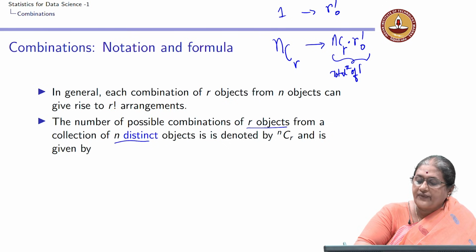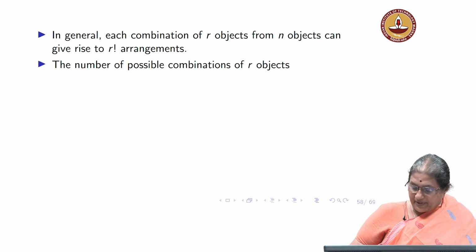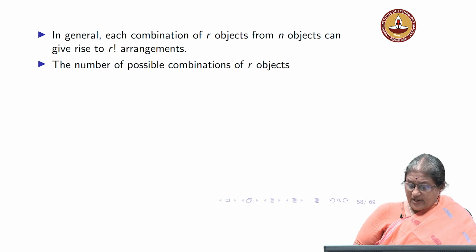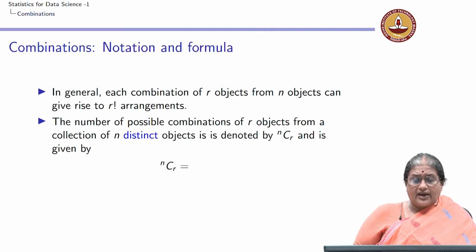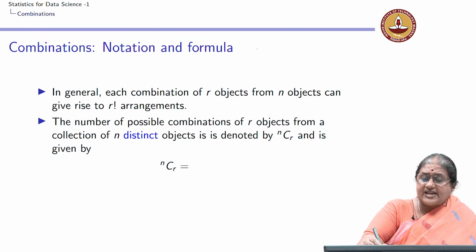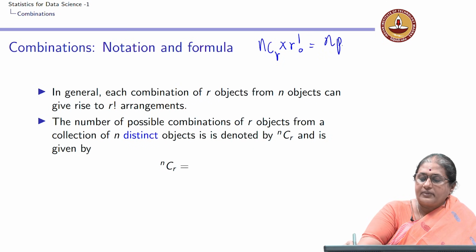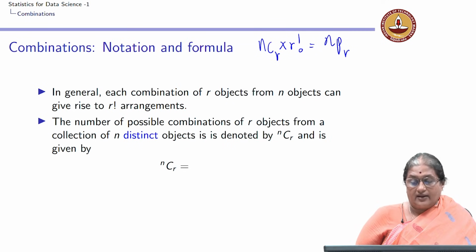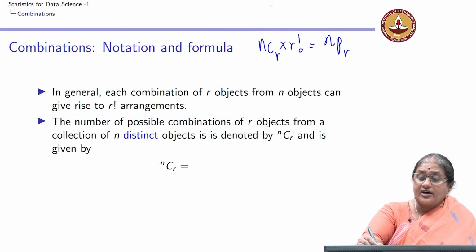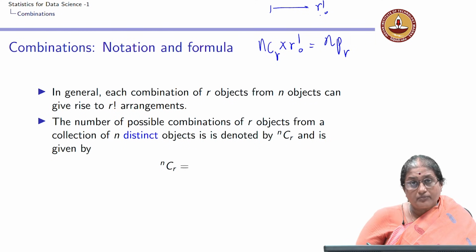This is what we saw in our example. So, in general, I can write this n choose r into r factorial as nPr. Again, I repeat, from one combination I get r factorial permutations.